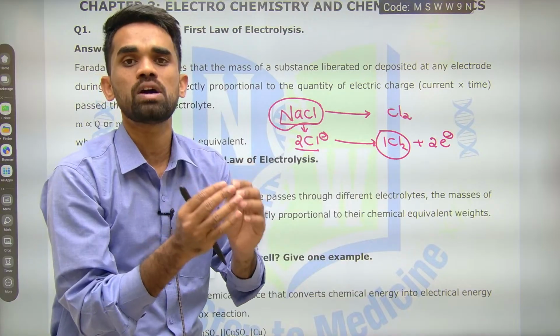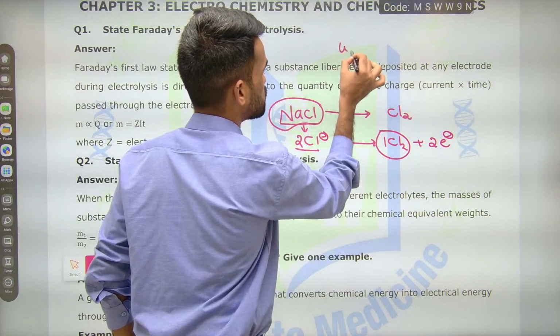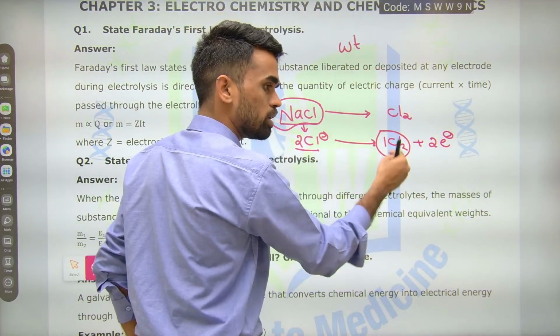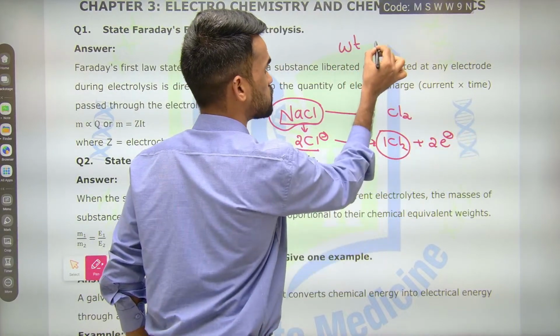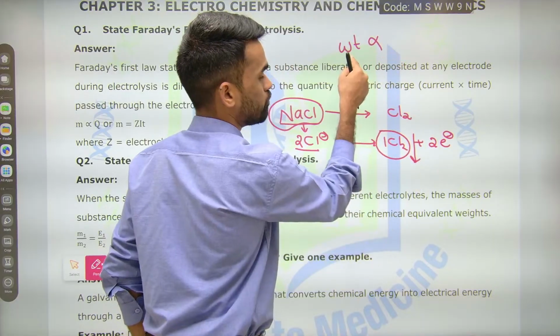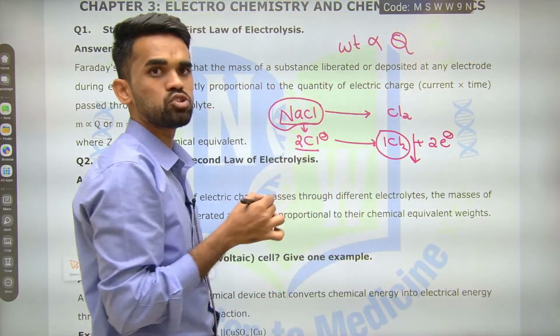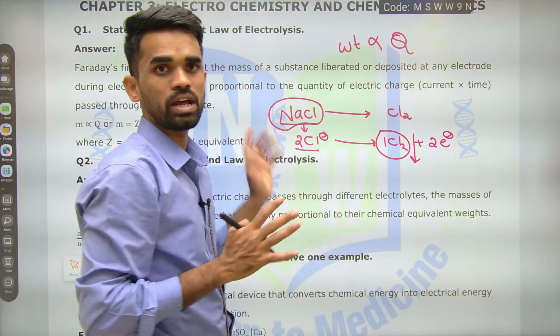This is what Faraday's law says. The weight of a substance, it is not only chlorine, it can be any substance, deposited will be directly proportional to the quantity of electricity or quantity of charge passed through that electrolytic solution.